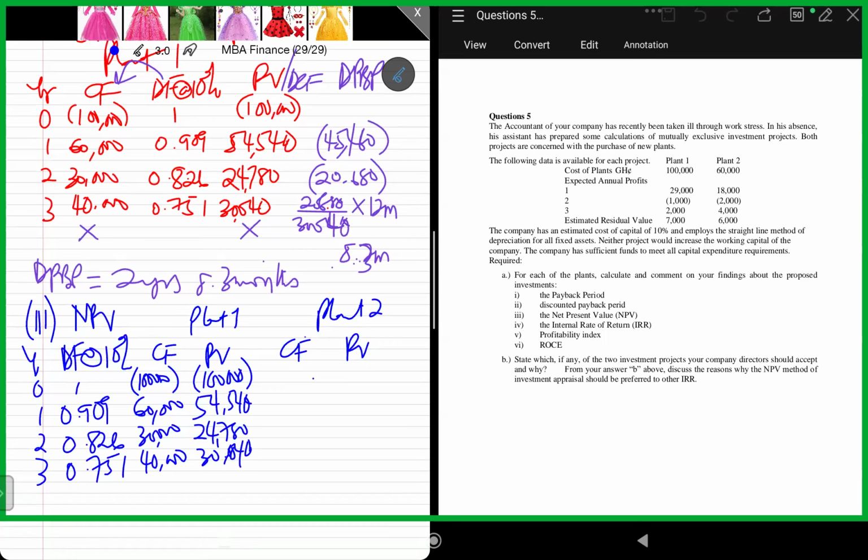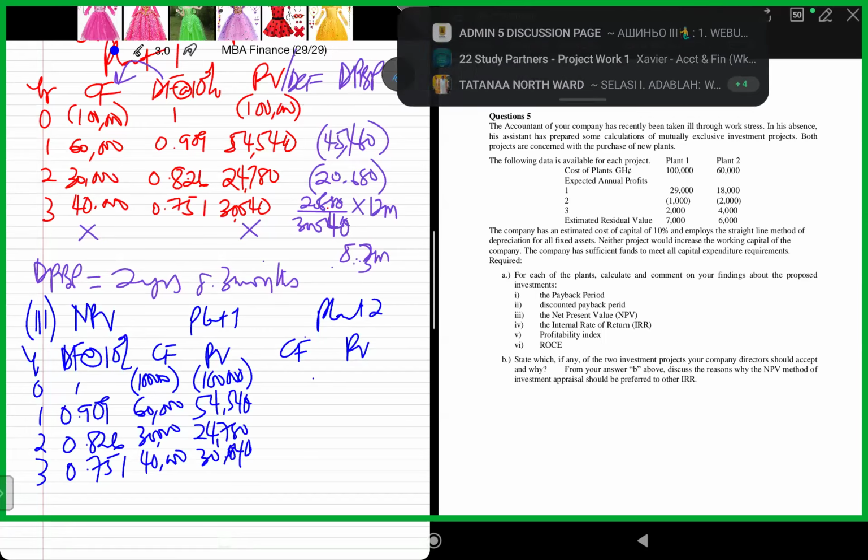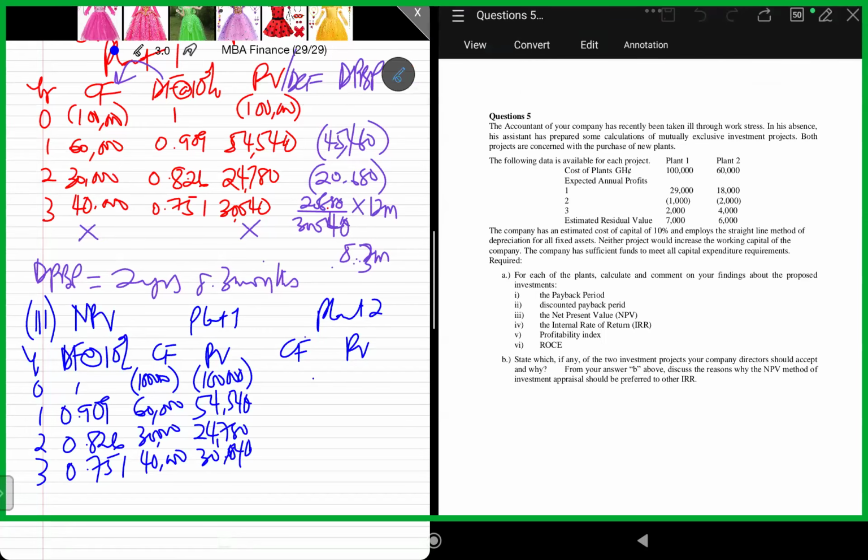PV is present value, and you wrote slash DCF. DCF is discounted cash flow: the discount factor times the cash flow gives you the discounted cash flow.